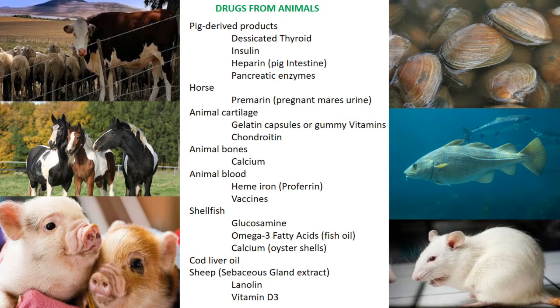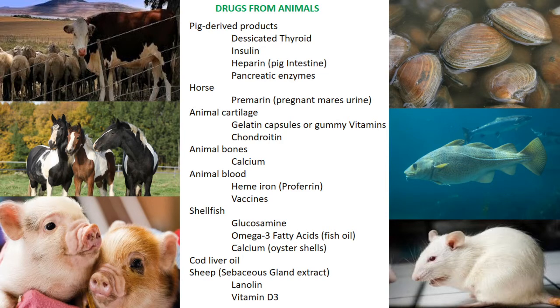From pigs, we are obtaining hormones like thyroxine, insulin, then the anti-blood coagulant heparin, then pancreatic enzymes, which help digestion. Then from horse, Premarin, which helps to prevent osteoporosis and is also used to treat prostate as well as breast cancer.